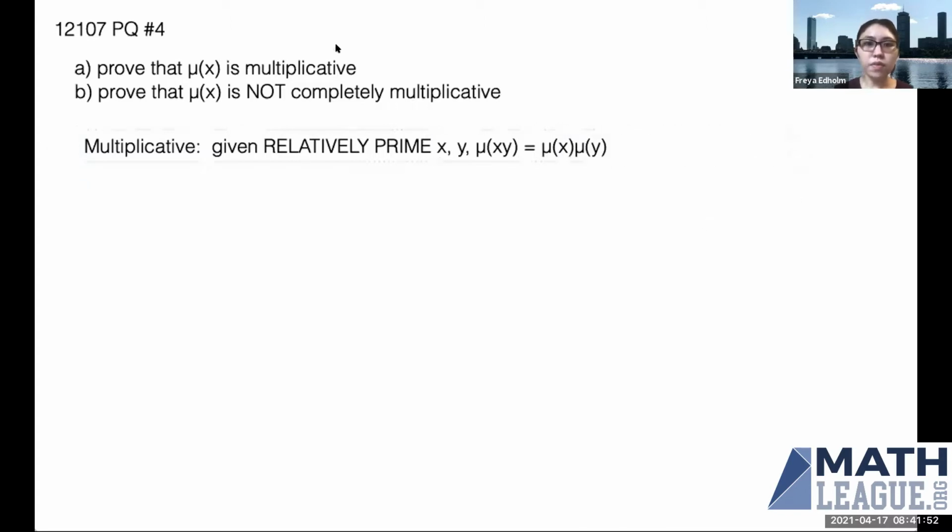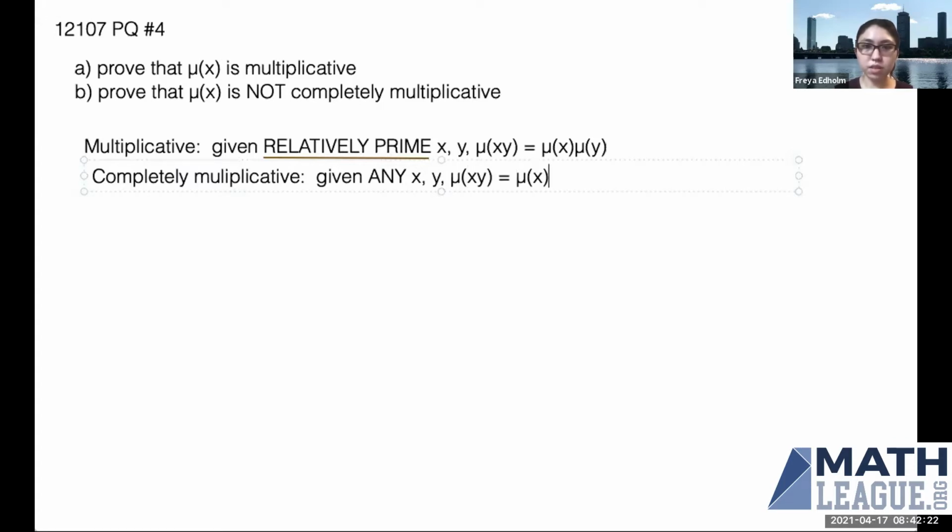It is really important to note this relatively prime part, because if x and y are not relatively prime, this ends up being false. Speaking of terminology again, completely multiplicative means that given any x and y, we have mu of xy is equal to mu of x times mu of y. All right, so let's go to part A and prove that mu of x is multiplicative.